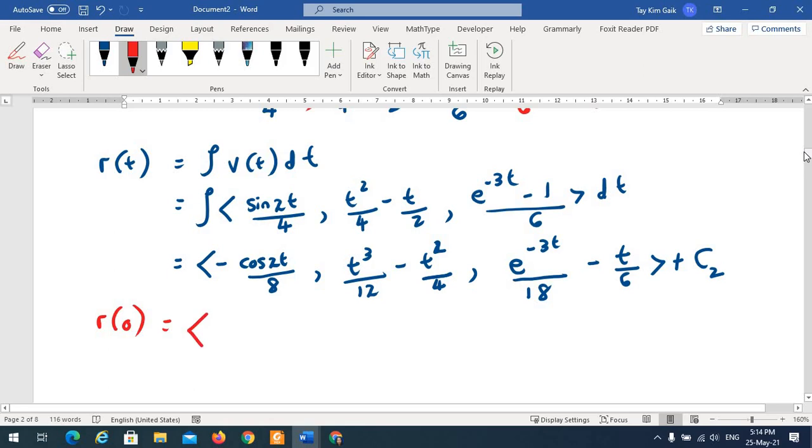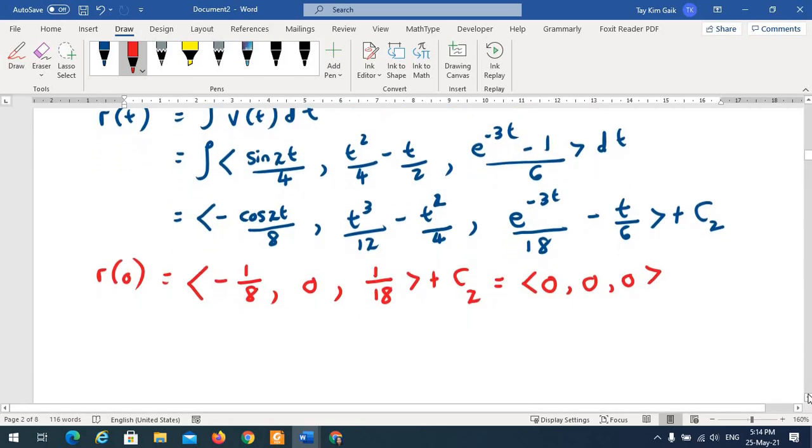Now we plug in t = 0, cos 0 is 1, so negative 1 over 8. Okay. And t = 0, component j is 0. Okay, exponent 0 is 1, so 1 over 18, because when t = 0, this term is 0. Okay, plus C2. When t = 0, the vector R(0) is at 0i, 0j plus 0k. So with this we can find C2.